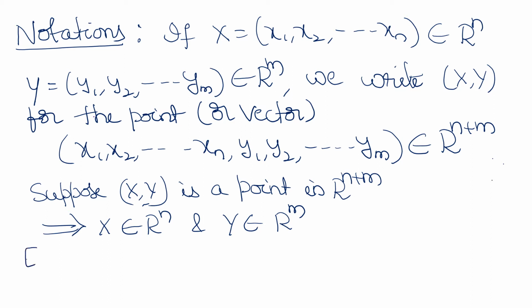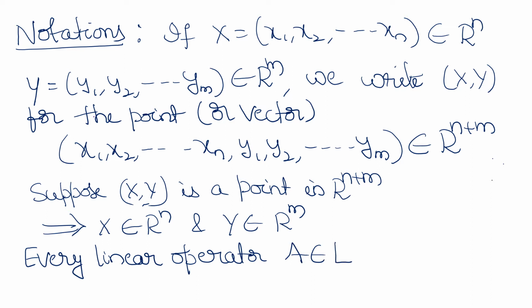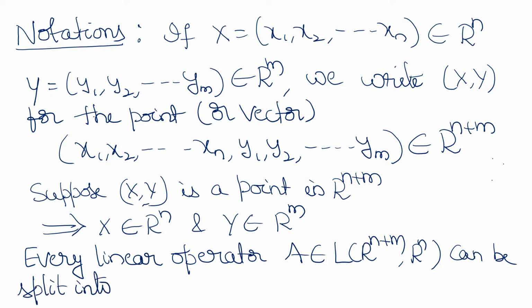Every linear operator A belonging to L of R^(n+m) comma Rn can be split into two transformations. How do you do that? Let us see.